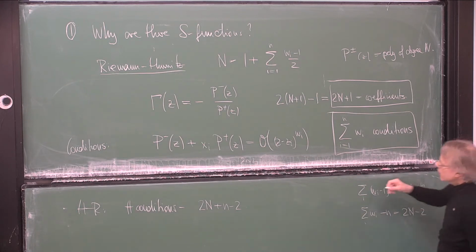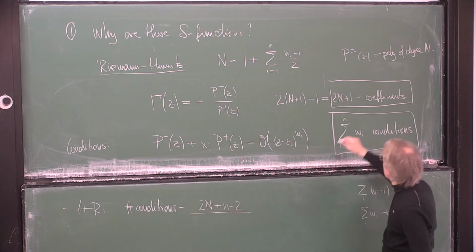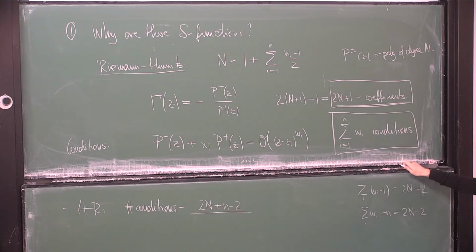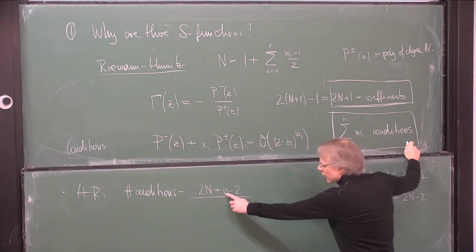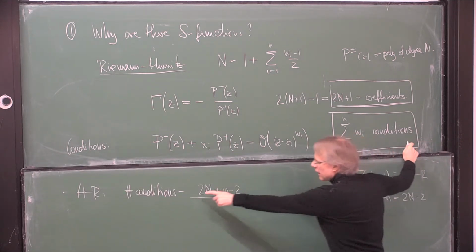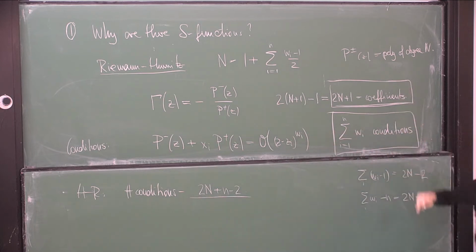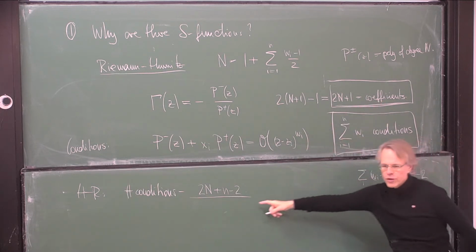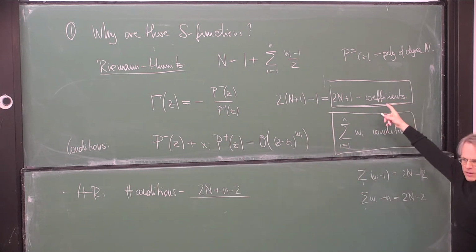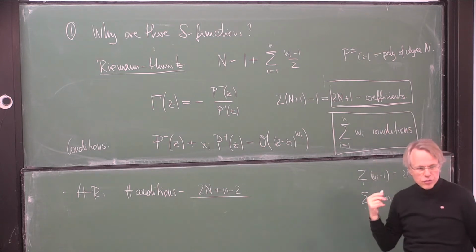If you compare this, this is the number of conditions, and this is the number of coefficients. So you see, this is an over-constrained problem. For n equals 3, I have exactly as many conditions as coefficients, so I'll be fine. But if n is bigger than 3, I'm going to have more conditions than coefficients, which means that generically there will not be a solution.